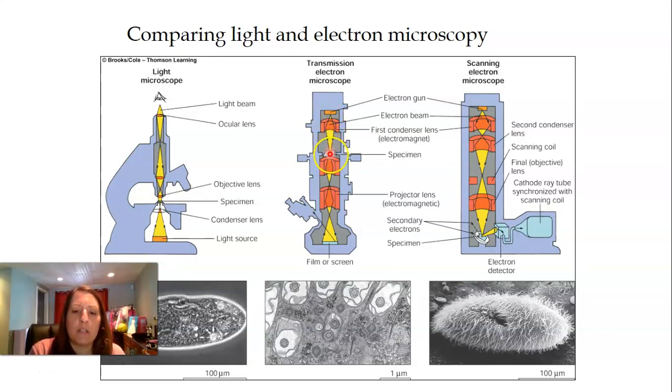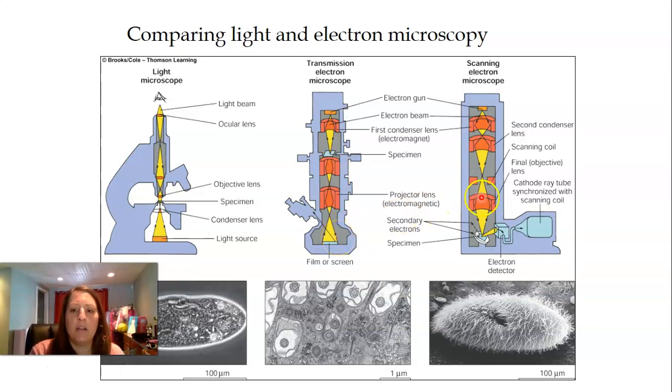And then we have our specimen sitting right here on our glass slide. And then electrons that pass through the specimen will be collected down here on our film or our screen. Okay, any electron-dense material are going to deflect or absorb those electrons as they come through.